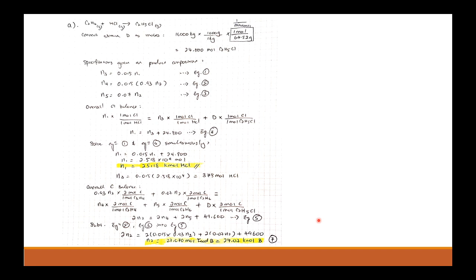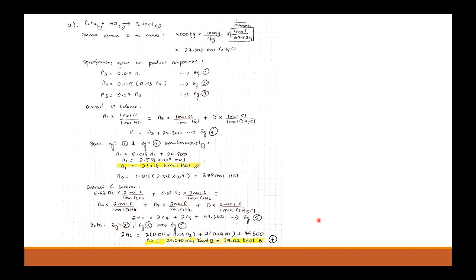So for part A, we will first convert the stream D into moles. Okay, so we were given 16,000 kg. In the question, it was written 1,600, so that was a mistake. Please take note. And after converting D to moles, we get 24,800 moles of ethyl chloride.